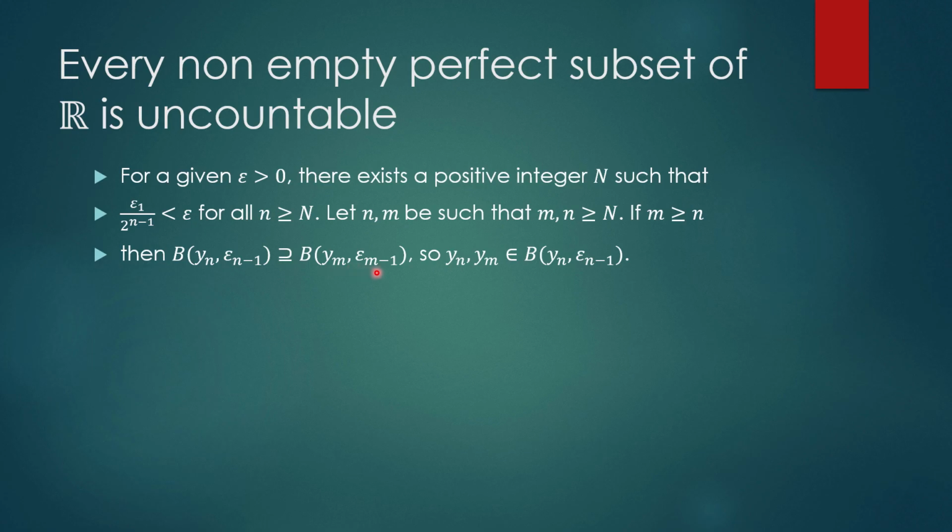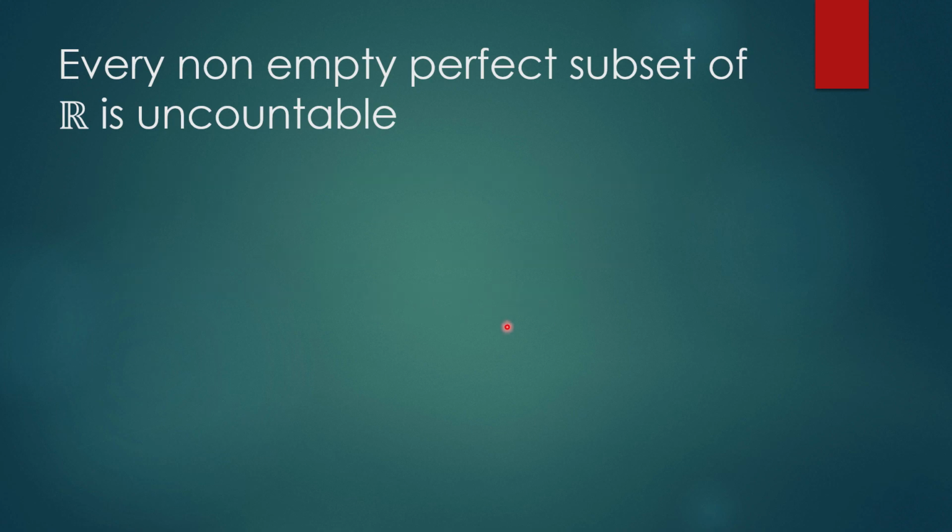So yn and ym are both members of the ball centered at yn with radius epsilon n minus 1. Therefore, the distance between yn and ym should be less than epsilon n minus 1. But epsilon n minus 1 is less than epsilon 1 by 2 to the power n minus 1, which is again less than epsilon. And this is true for all m, n greater than or equal to capital N. It shows that the sequence is a Cauchy sequence, and it is a Cauchy sequence in E.